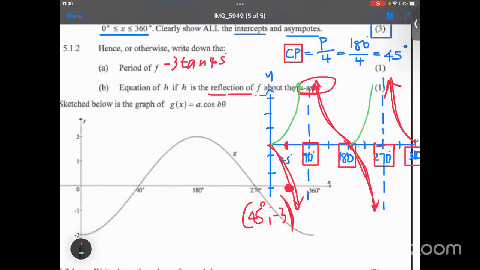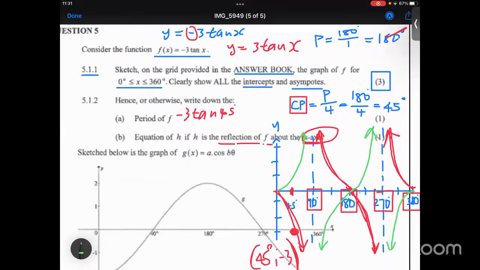Now this one is going like that, and that one is going like that. And on the other side, you will definitely see it, because now it will be going down like that. That would be the reflection, is it g? No, f. So that would be the image, or the reflection, of that.